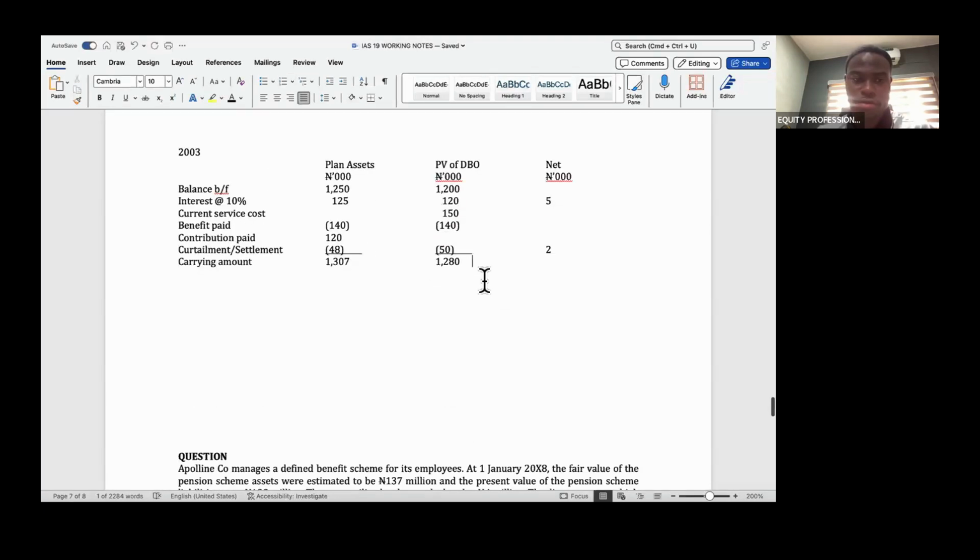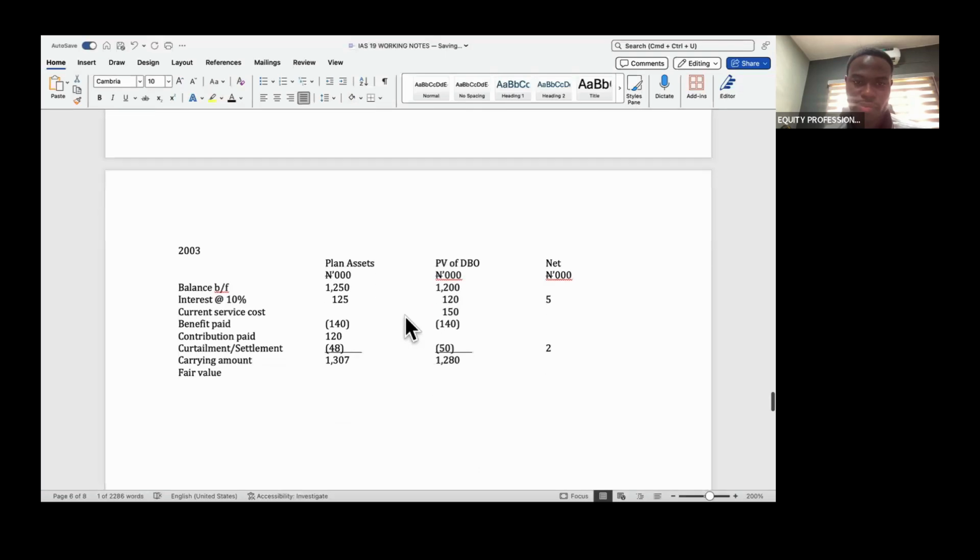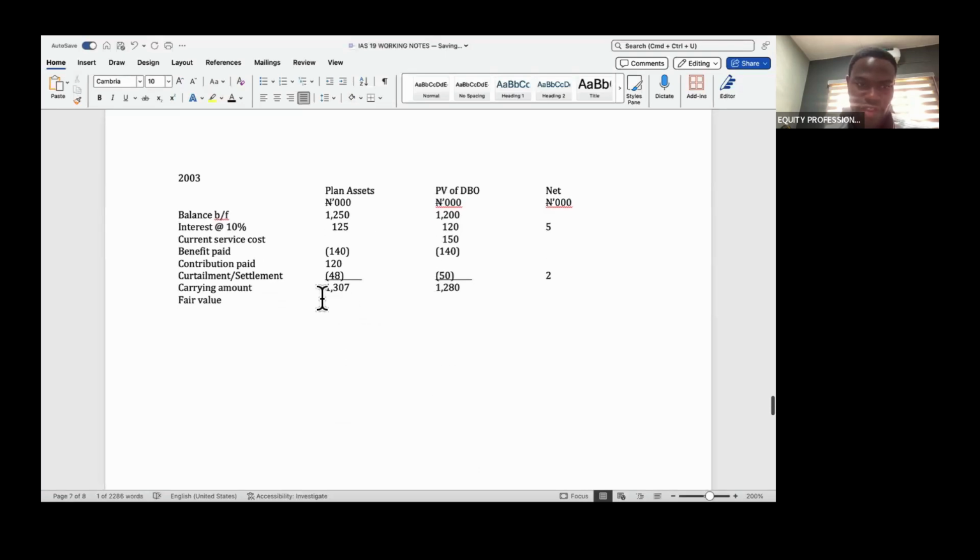How do we get that done? The fair value we have for assets is 1,450. That means we need to remove this 48 because they say the transfer has not been removed.